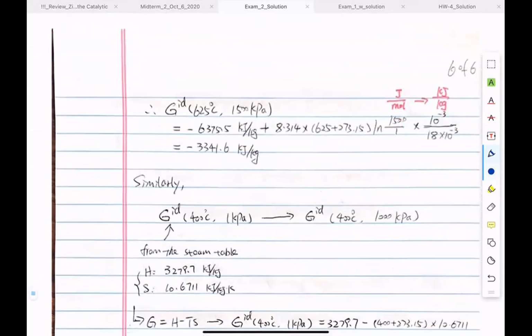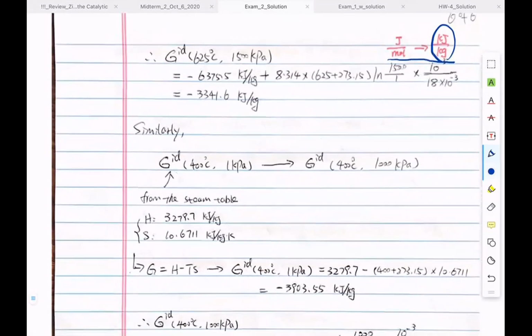And then you may want to pay some attention when you are utilizing the ideal gas equation to calculate the Gibbs energy change. In the end, you want to put it together into kilojoule per kilogram for the steam table related values.